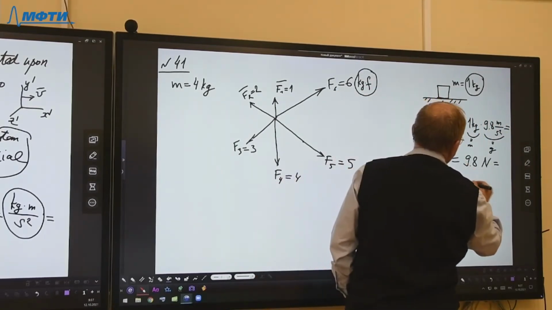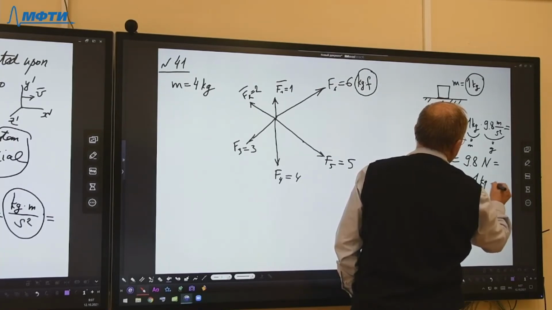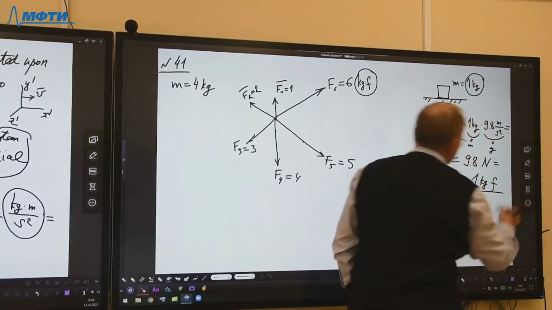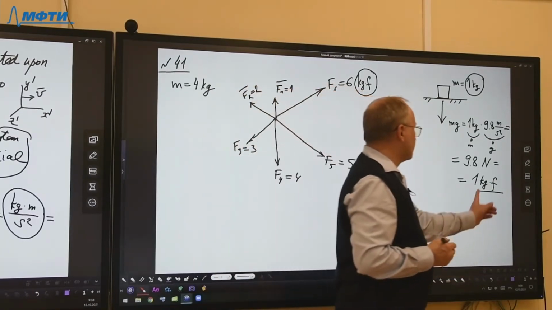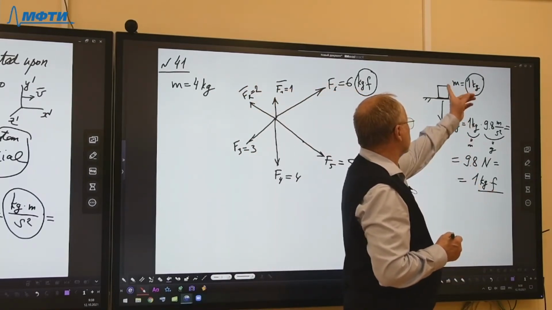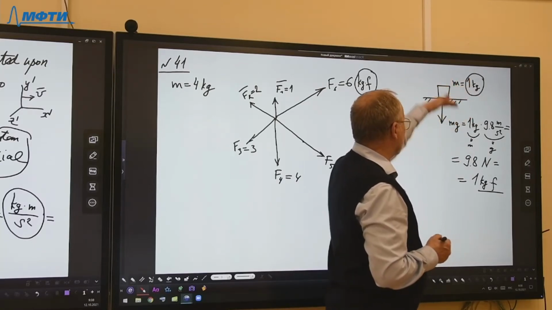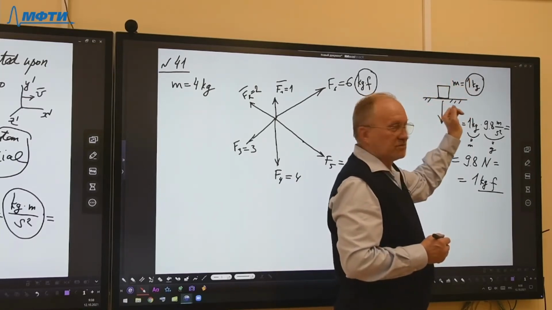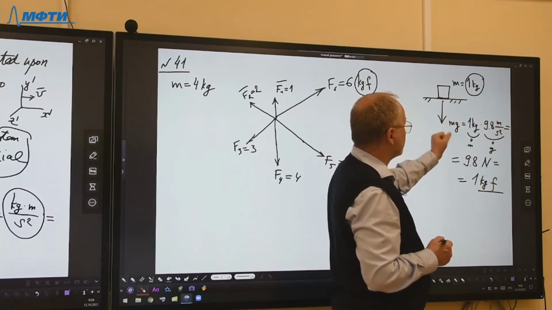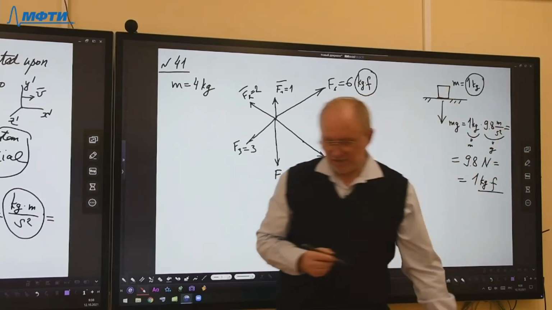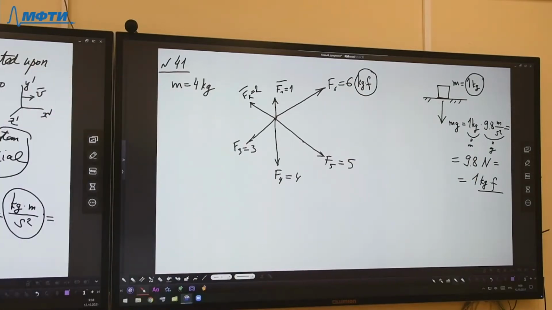Such a non-system unit to measure forces. That is the force exerted by a mass of 1 kilogram on a horizontal surface. If the surface is at rest, the force will be 1 kilogram force. Such is the unit used in this collection of problems by Bukovtsov.